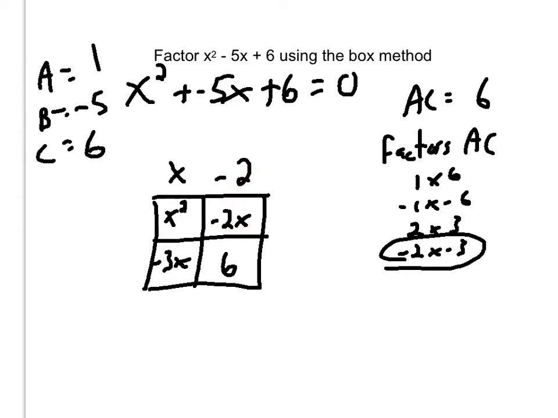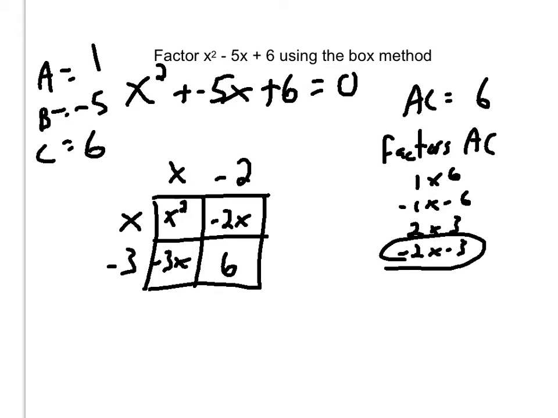Then over here, we're going to write the greatest common factor of x squared and negative 2x. Well, again, that's a positive x, since my x squared is closest to where I wrote the term, it's positive. And then here, we're going to pull out the greatest common factor of negative 3x and positive 6. Well, since this is negative and it's closest to where I'm going to write it, the answer is going to be negative 3.